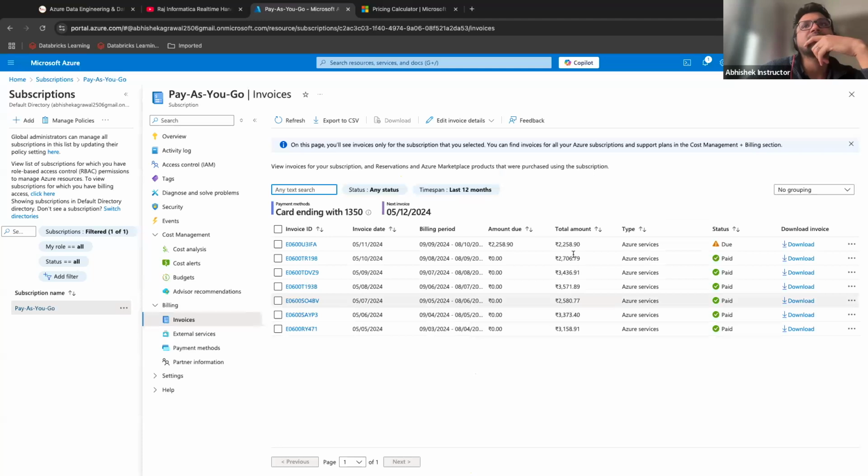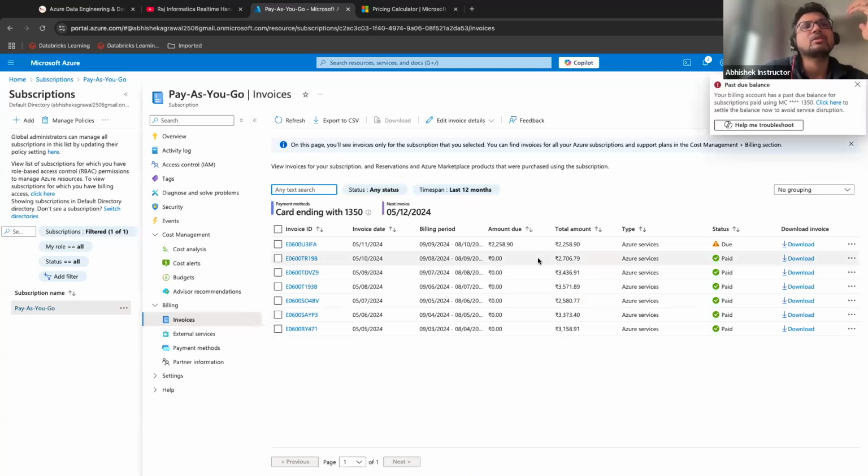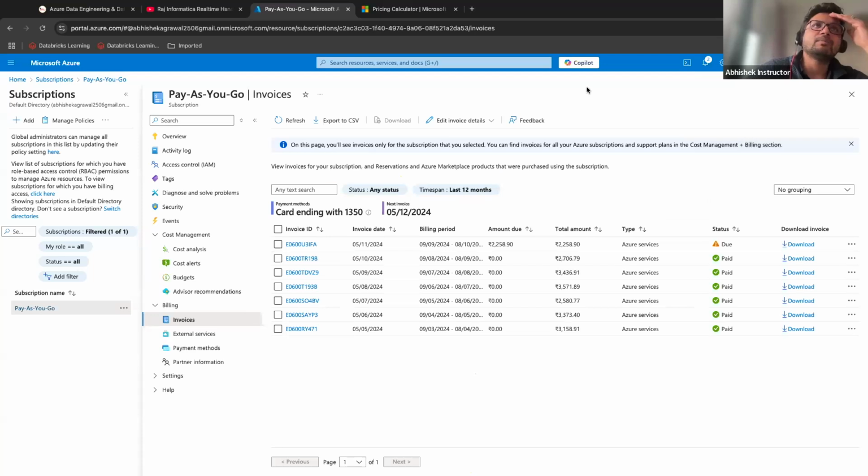So approx 2,000 or 3,000 rupees a month I'm paying, considering I am teaching students, and also doing some mock projects in this account. That is why I am paying 2,000 or 3,000 rupees a month, but generally my students pay around 1,000 to 1,500 rupees a month after the first month.